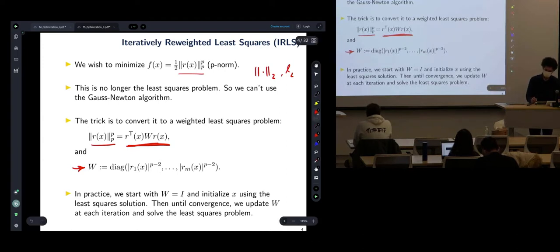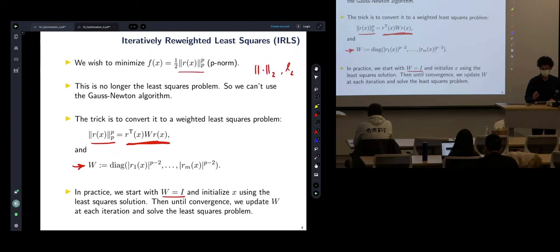So in practice, you could start by setting the weights to be the identity and solve the least squares problem. That will give you an initial guess, then iterate until hopefully converging to the true solution. Now notice that even if the residual is linear and the norm is not the L2 norm, we still need to iterate.